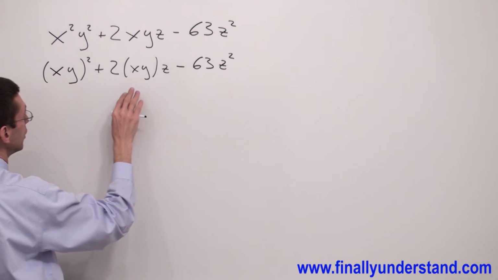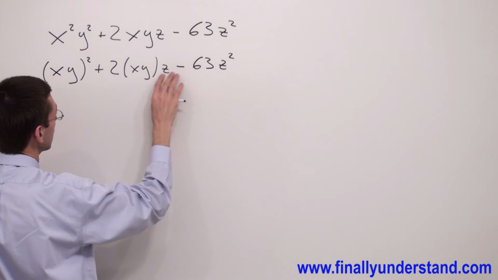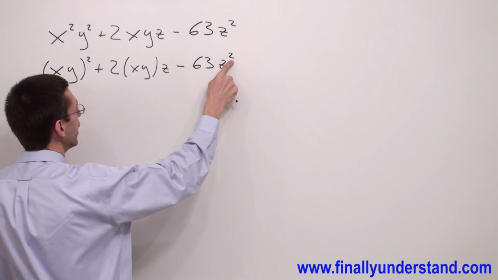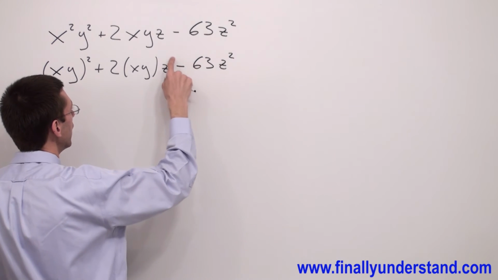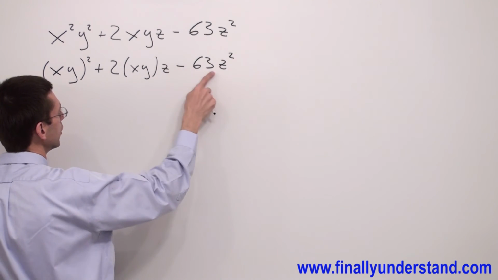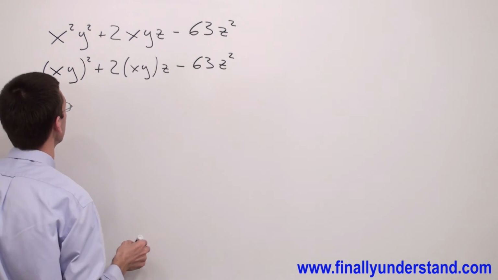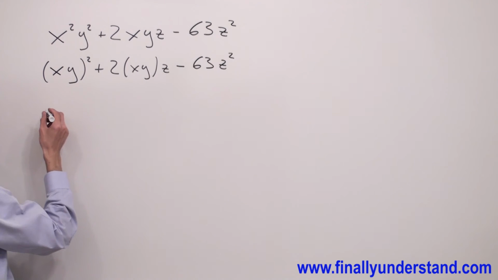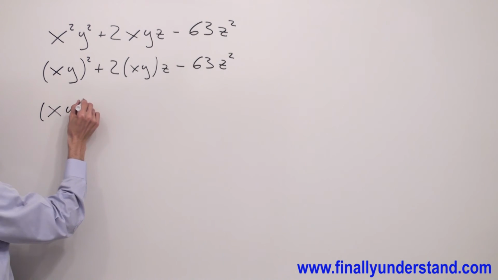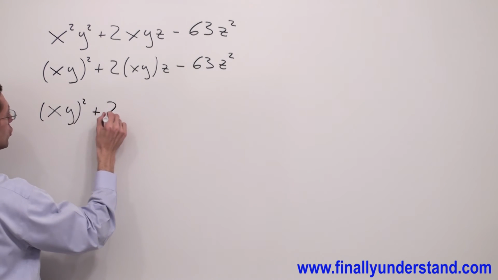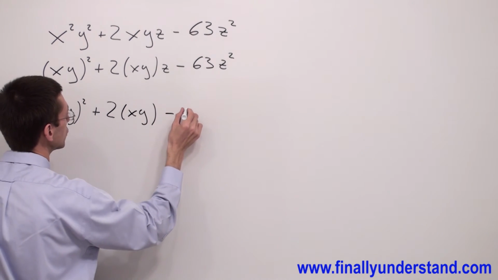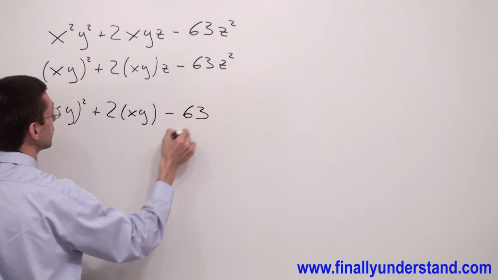So I'm going to right now look at z's. Anytime I have a variable in the third term raised to the power which is twice the power of the variable in the second term, I can forget about these two variables at the moment. That's why I'm going to rewrite this problem as xy to the second power plus 2xy minus 63.